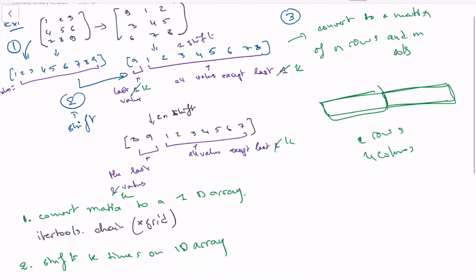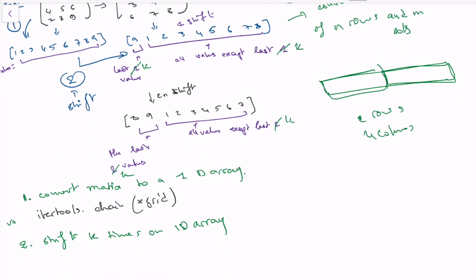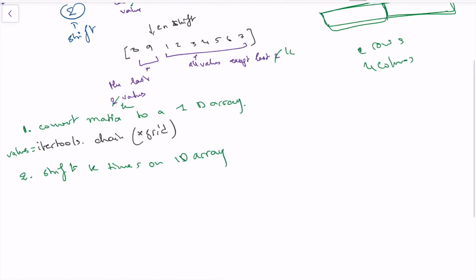And in Python, if we say this is equal to values, then we could just say it's values. The last k values we can obtain by slicing using minus k, saying this is the last k values first, and then plus we want all the values except the last k ones.